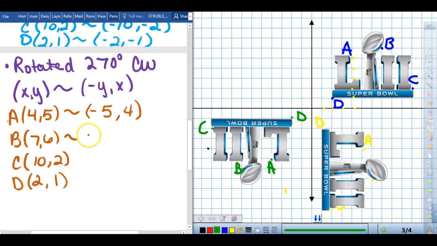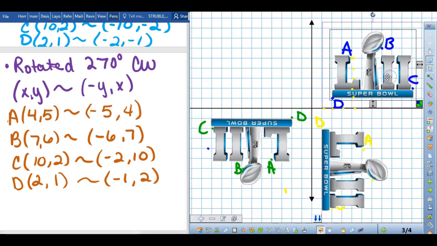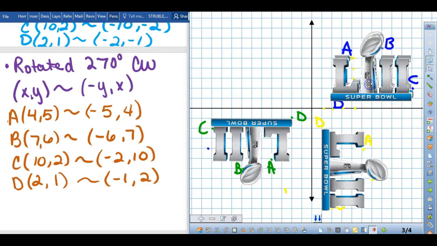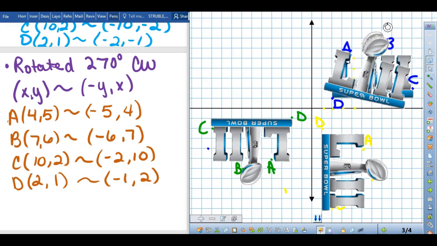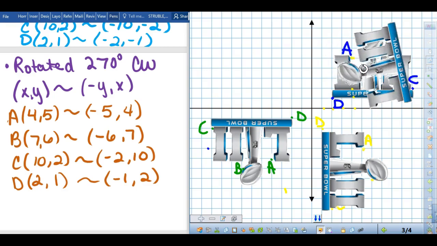All right, so what happens to B? Well, we got negative 6, 7. C, negative 2, 10. And D becomes negative 1, 2. What does that look like over here in the picture? We had our Super Bowl guy, Super Bowl sign. We're rotating it 90, 180, 270.